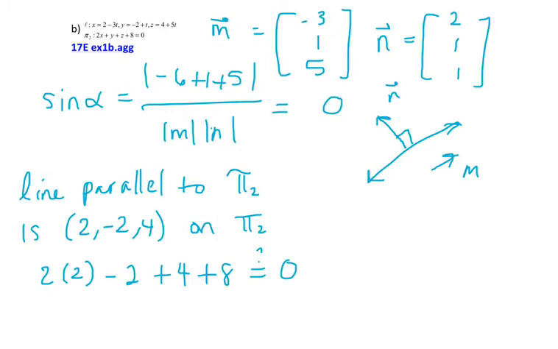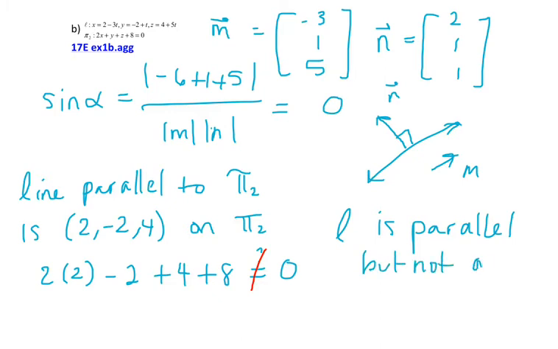So we've got 8 plus 8 minus 2 definitely is not equal to 0. So not equal to 0, so we have that L is parallel, but not on plane 2.